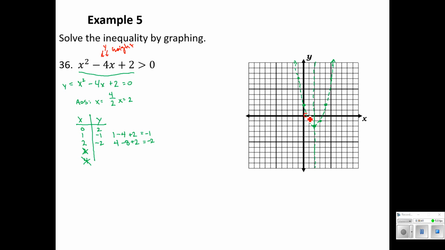Well, right here it crosses, right here it crosses, and I see that the x values, the inputs on either side, if I go outward, those show me where the graph is up above, where it has a greater height.